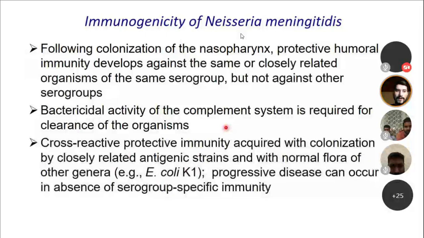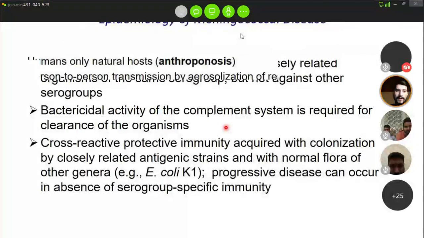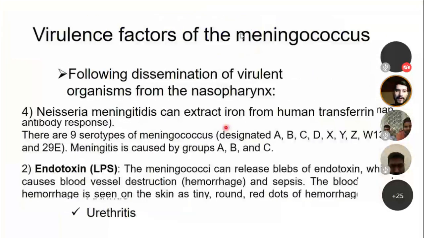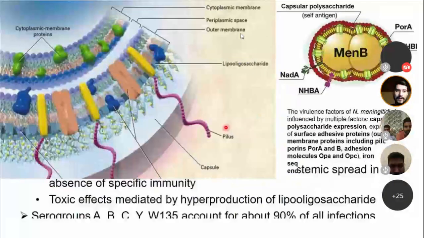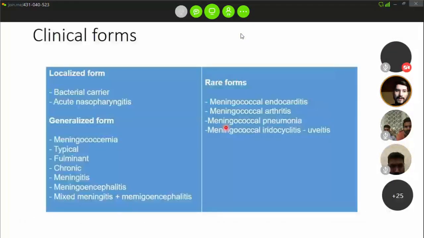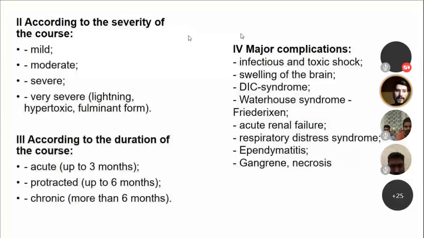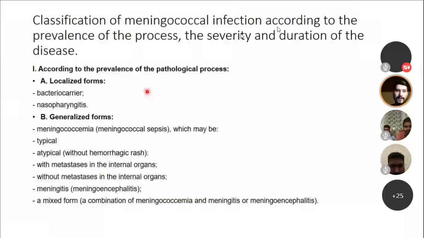If you go all the way up to the classification, I told you that it may see major complications. DIC and sepsis are complications of the disease. But have a look: the localized form is localized only here. It doesn't go anywhere.